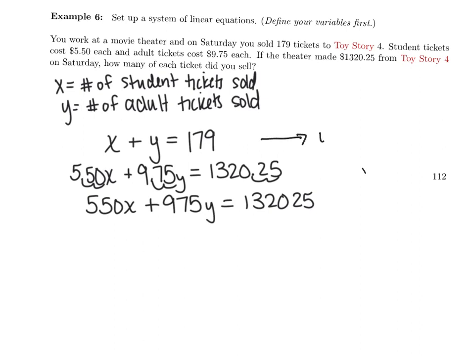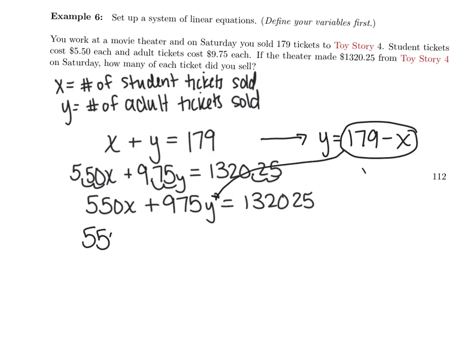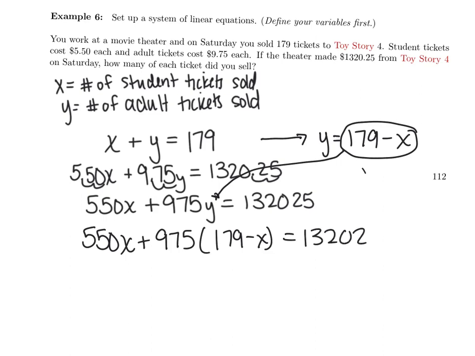Let's get y by itself on this one, so y is going to equal 179 minus x. And I'm going to sub this in for y. And then I can solve for x.